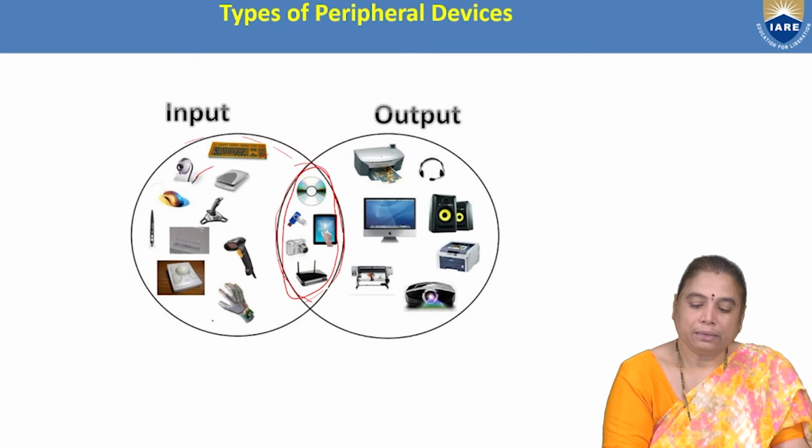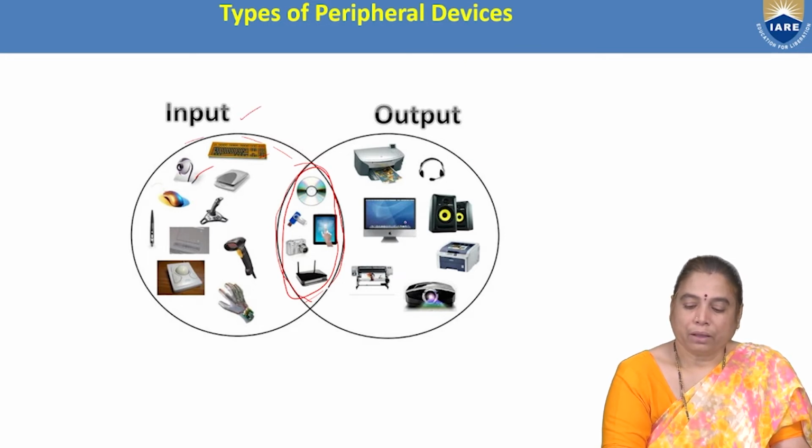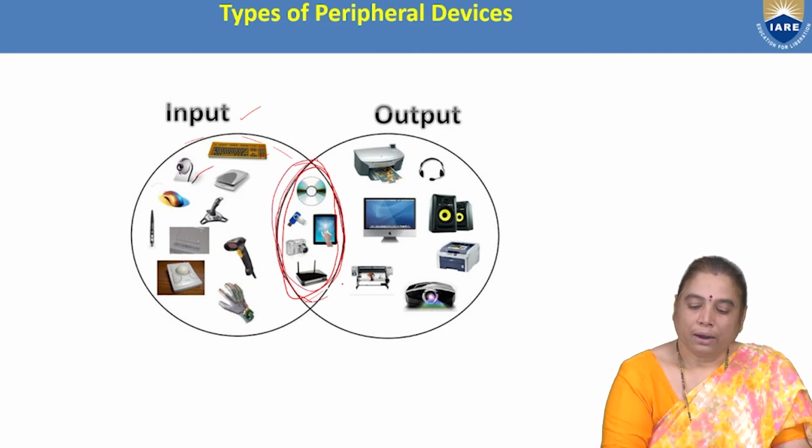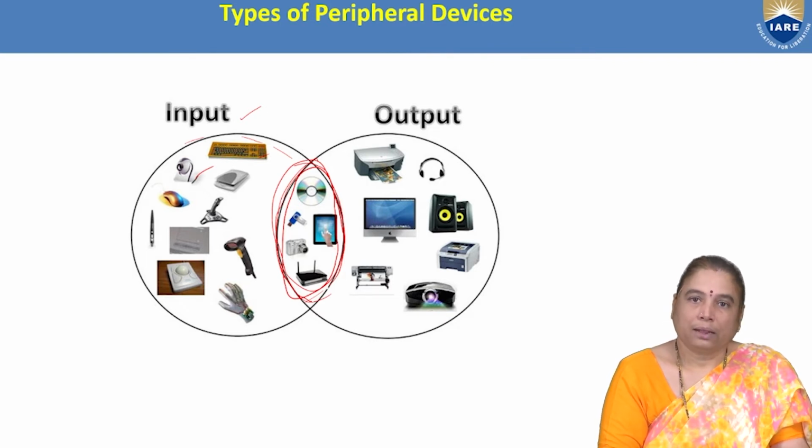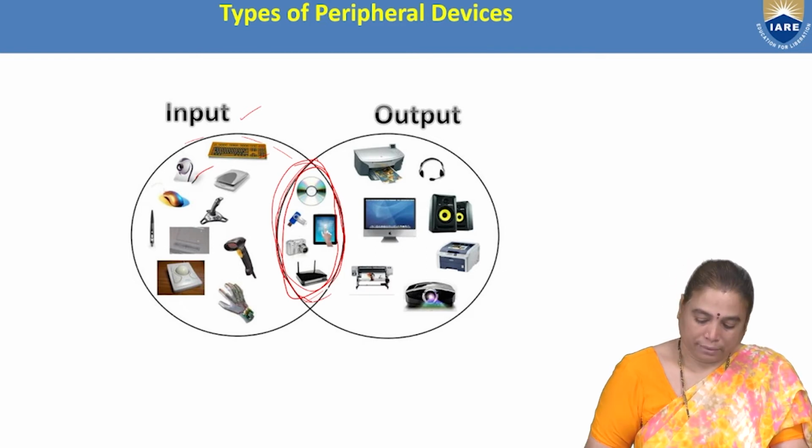This category belongs to the input peripherals, and here the VDU, LCD, speakers, and headphones all come under the output peripherals. The common devices that can serve both input and output are in the intersection section. Those can serve two purposes, that's why those peripherals are called input-output peripherals.